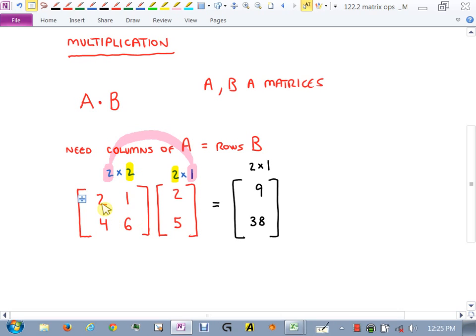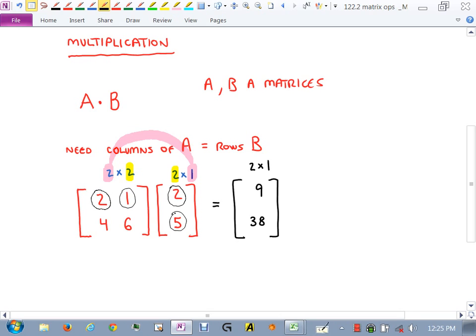Okay, let me try and help you here. What if I take this 2 and multiply by this 2? What do I get? 4. Hold on to that. Add to it this times this, and what do you get? 5. Add those two together, 4 plus 5 is 9.